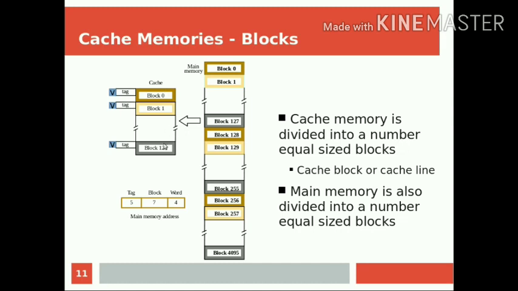First, we will assume that in this example, our cache memory is divided into 128 blocks, block 0, block 1, up to 127, and each block has a size of 16 words. Similarly, main memory is divided into 4096 blocks, and each block has the same size, that is 16 words.